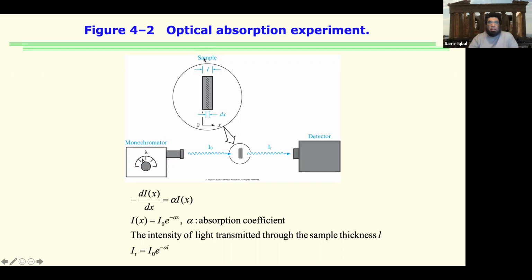What's shown in this picture is that the sample has some length, L, and we send in this I naught, which is flowing over distance dx, and we measure that.